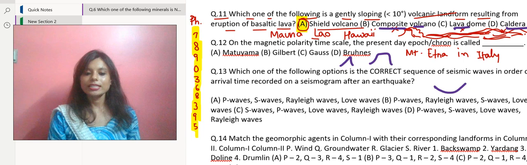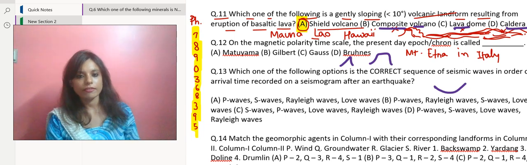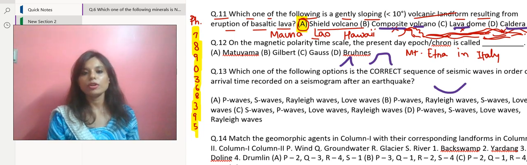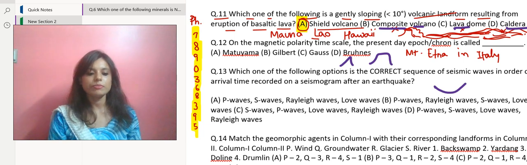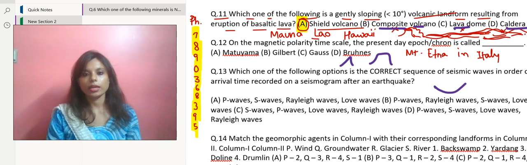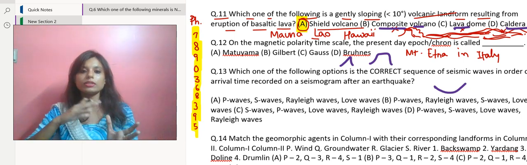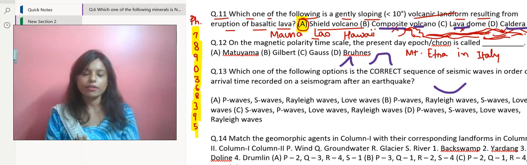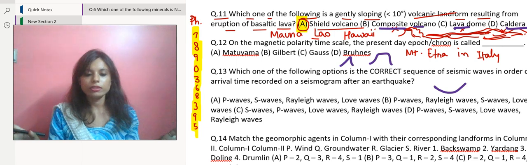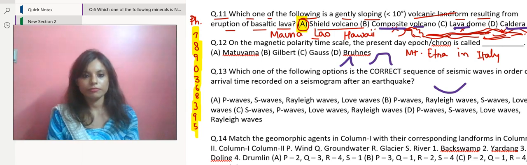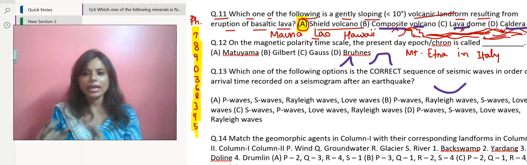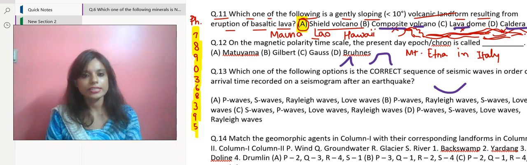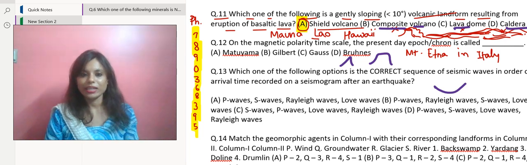So these are depressions that form after a volcanic eruption when the magma chamber below the volcano is emptied and the volcano collapses in on itself. This is totally different, that is caldera. Here the entire volcano erupts and collapses, then a caldera formation happens. So caldera is totally different from the other ones, and we have already discussed what the other volcanoes mean.